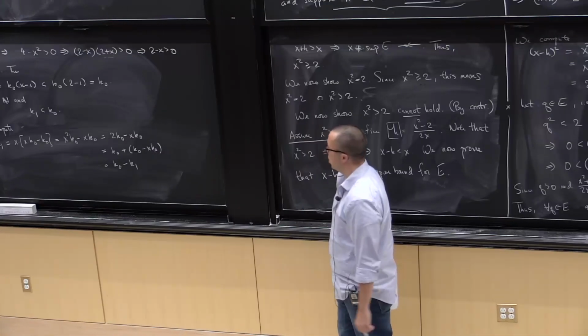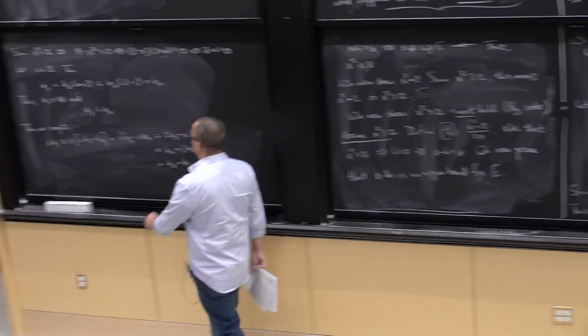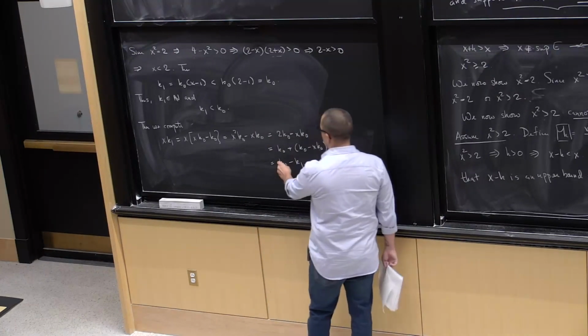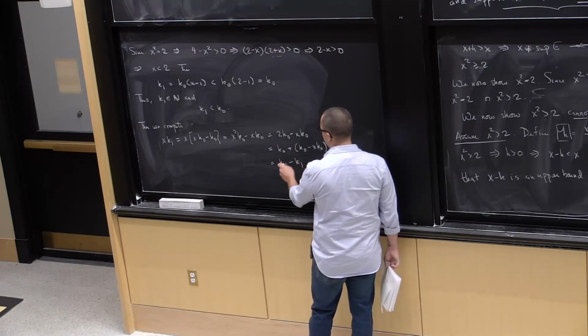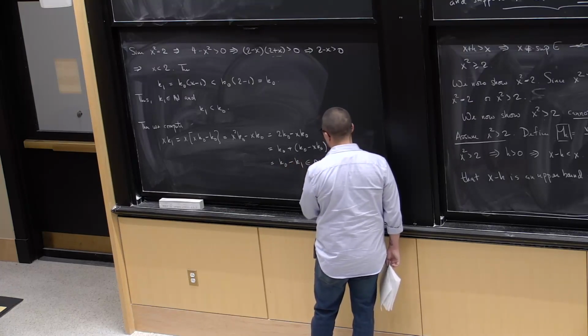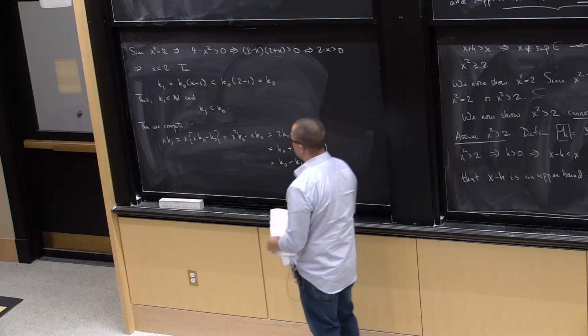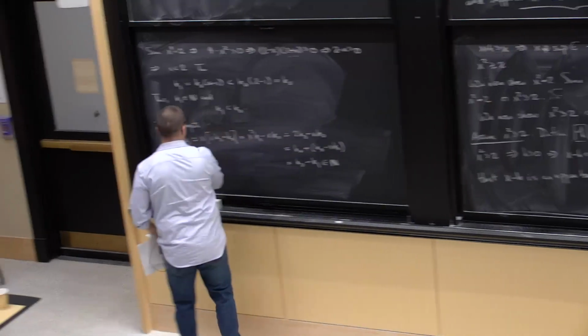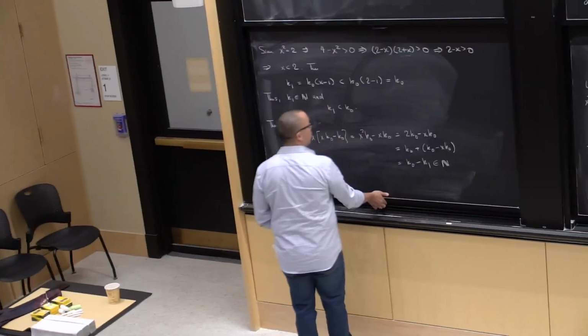Now, that's a natural number. This natural number is bigger than this natural number, therefore their difference is again a natural number. So x times K1 is a natural number.